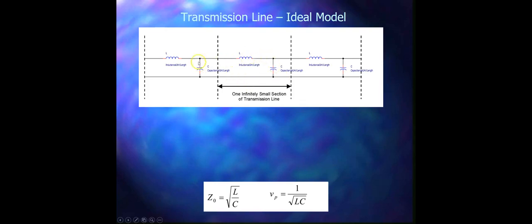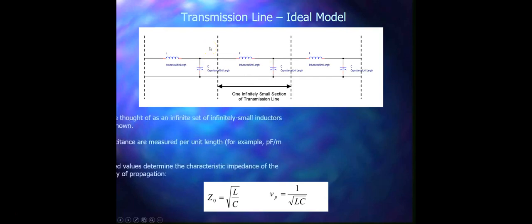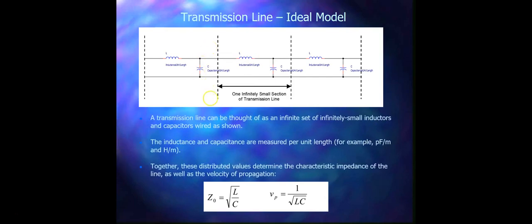So here, let's see what it says. A transmission line can be thought of as an infinite set of infinitely small inductors and capacitors, wired as shown. The inductance and capacitance are measured per unit length. Together, these distributed values determine the characteristic impedance of the line as well as the velocity of propagation.